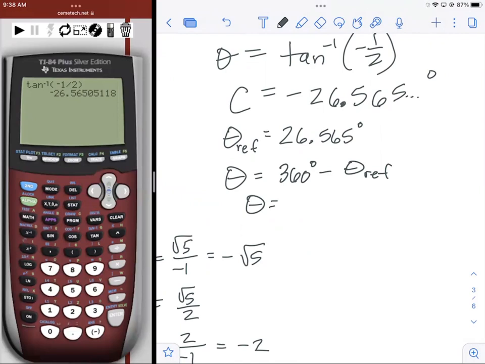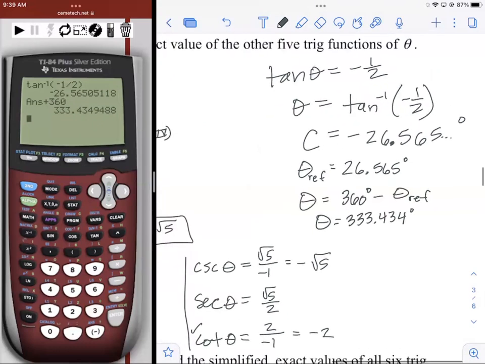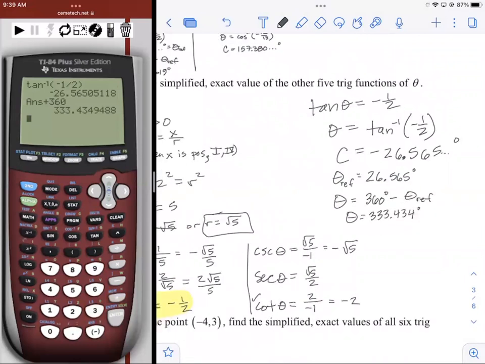I just want it to be one rotation away. So either way, on your calculator, you can say plus 360, or do 360 minus the positive version, and you get 333.434 degrees. And then if you wanted to store that and check, you can compare it to the others, and you'll see that it's correct.